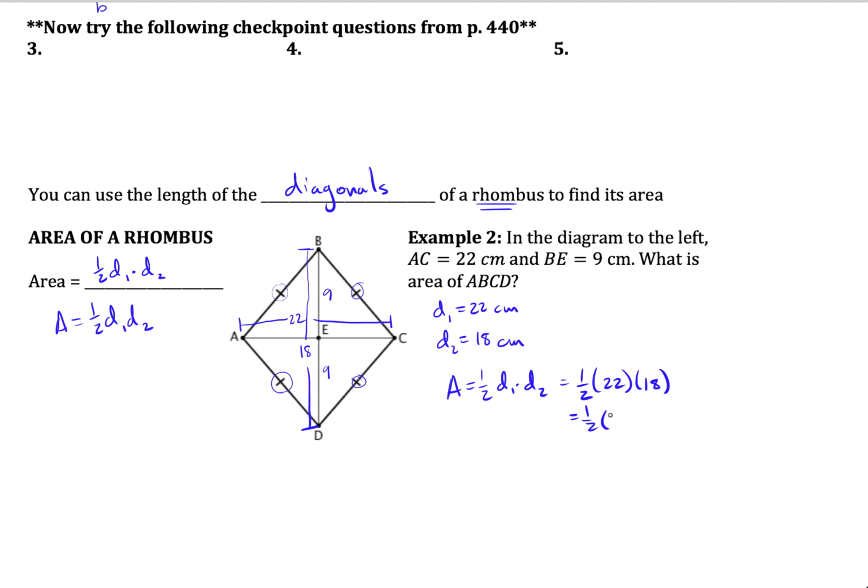And 22 times 18 is 396. Half of 396 would be 198. And our unit would be, let's see, we were using centimeters, and this is an area, right? The area is 198, so our unit gets squared. 198 square centimeters is our area for this rhombus right here.